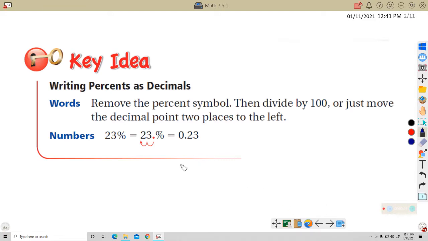Here's our key idea. Writing percents as decimals, so we're going from percent to decimals. Remove the percent symbol, and then divide by 100, or just move the decimal point 2 places to the left. Why is that? Because when we talk about percents, everything's compared to 100.